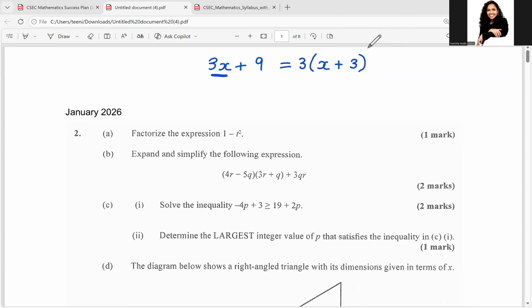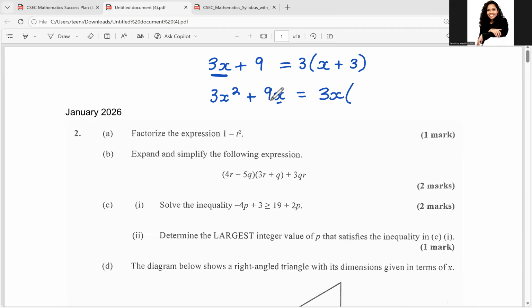Now, similarly, if I had 3x squared plus 9x, well, now the common factor would still be 3, but it would have an additional part that is x. Because 3x can go into 3x squared and 3x can go into 9x.